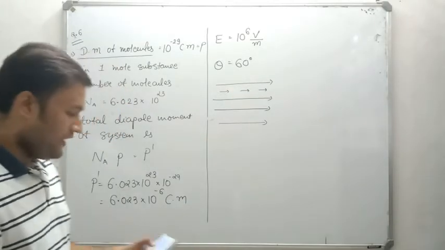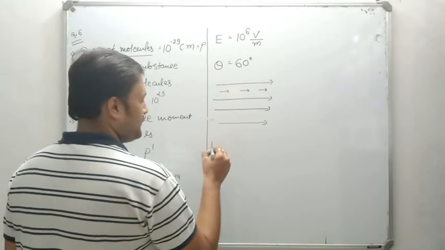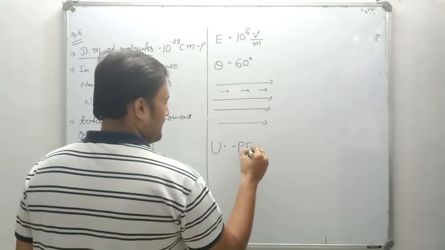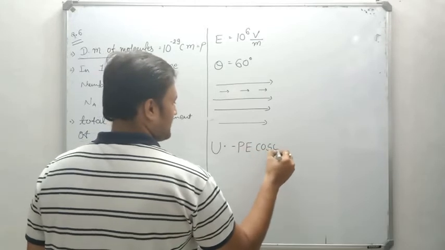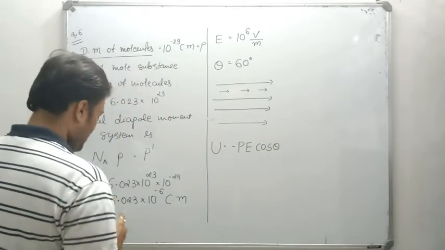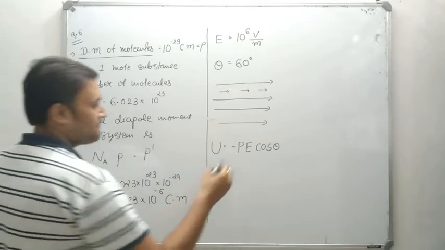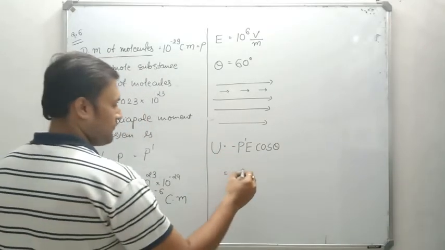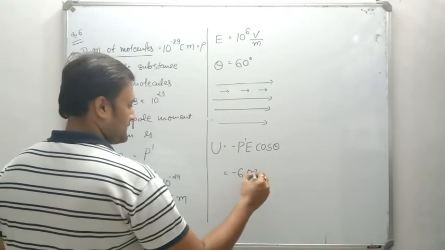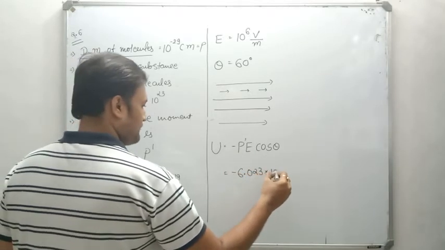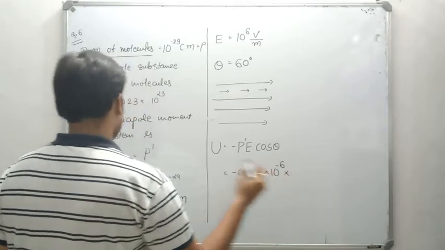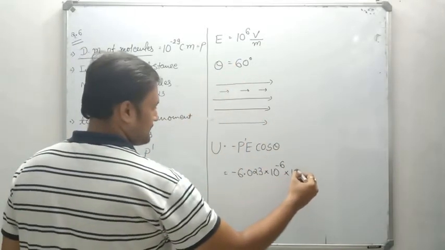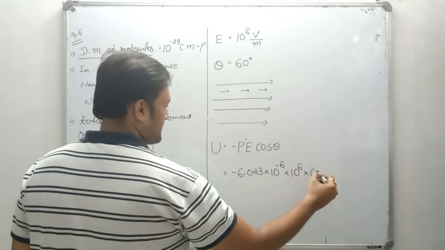Here for the potential energy, we know that U is equal to minus PE cos theta. Here we use p dash. So U is equal to minus 6.023 into 10⁻⁶, E is equal to 10⁶, and cos 60.